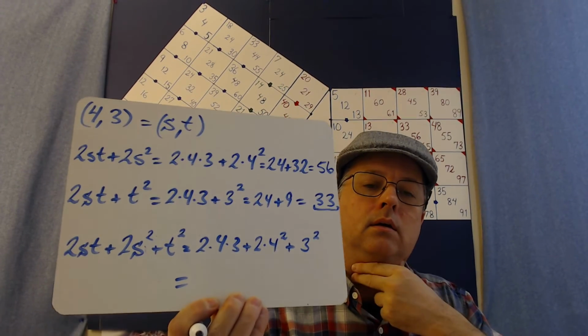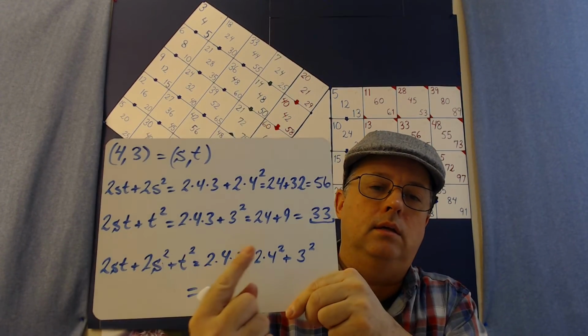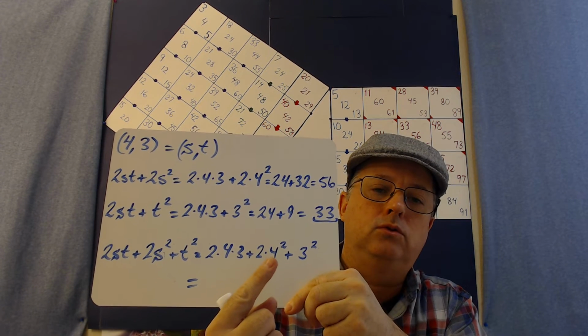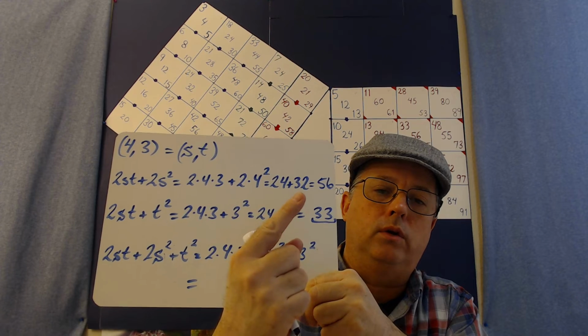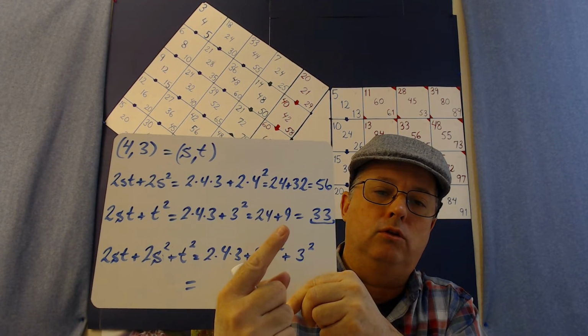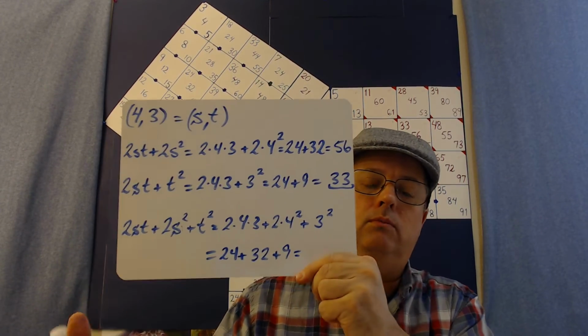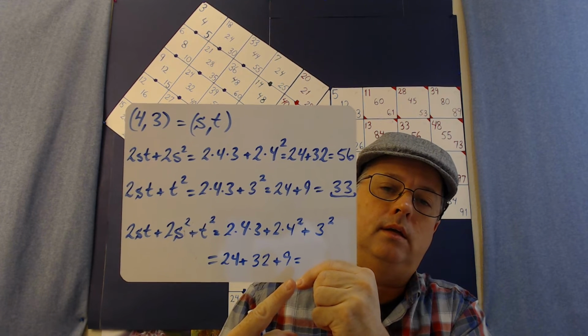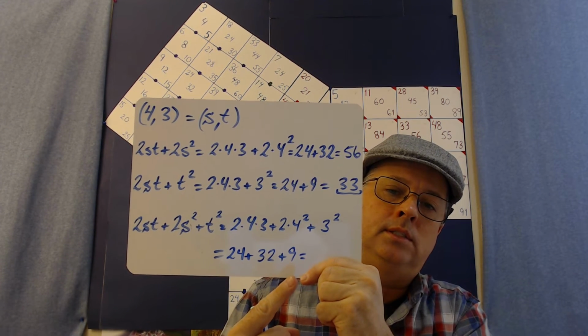So this is 24, and the 2 times 4 squared, that's 32, and the 3 squared, that's 9 again. So we have 24 plus 32 plus 9. When we did that here, that gave us 56, and plus 9, that's going to give us 65.